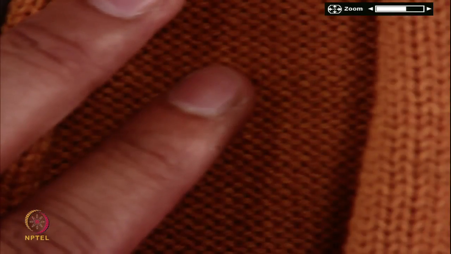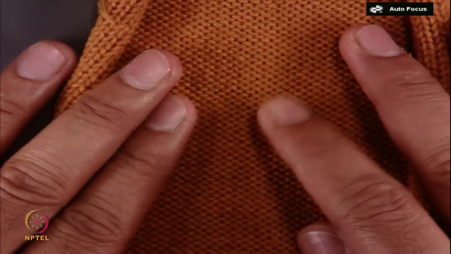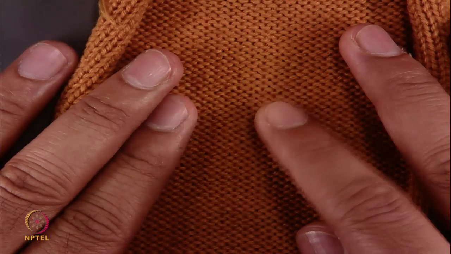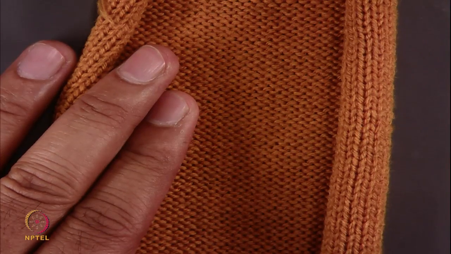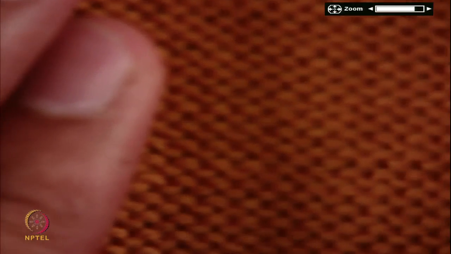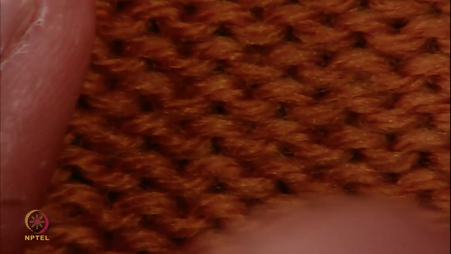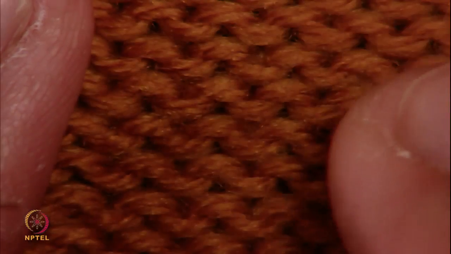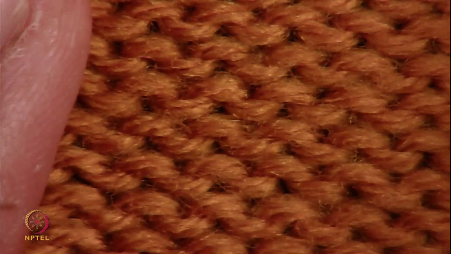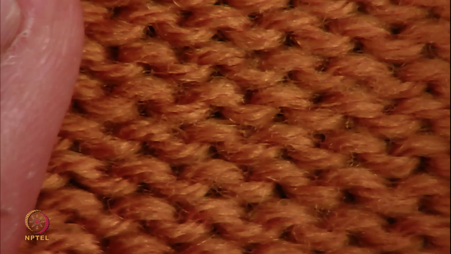So, let us see this fabric structure. You can see here, there is one side which I am pointing out. On this surface, when you see it after zooming, you can only see the head part and sinker part, which is shown in the figure.